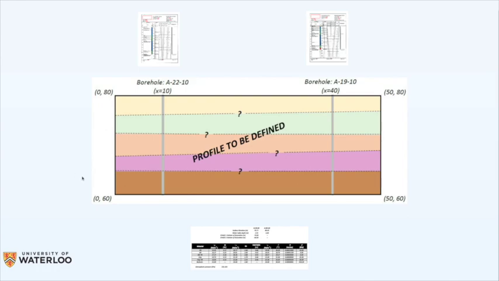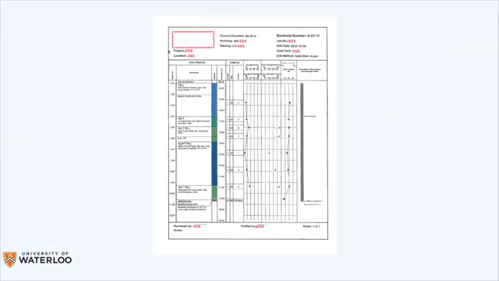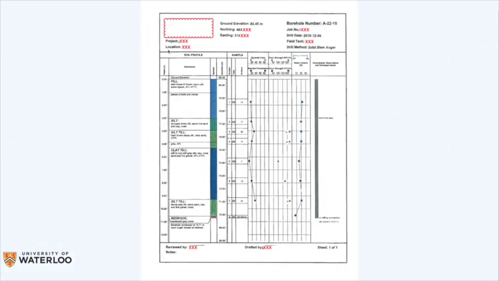So let's start by reviewing this borehole information. You have 2 boreholes, okay? For this borehole, the first thing to keep in mind is the ground elevation, okay? The second thing to keep in mind is the materials: we have fill, silt till, clay till, silt till again, and the bedrock, okay?